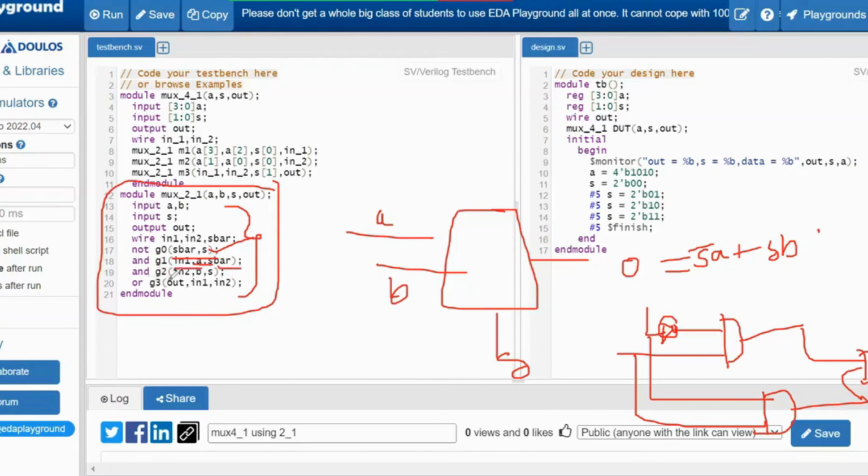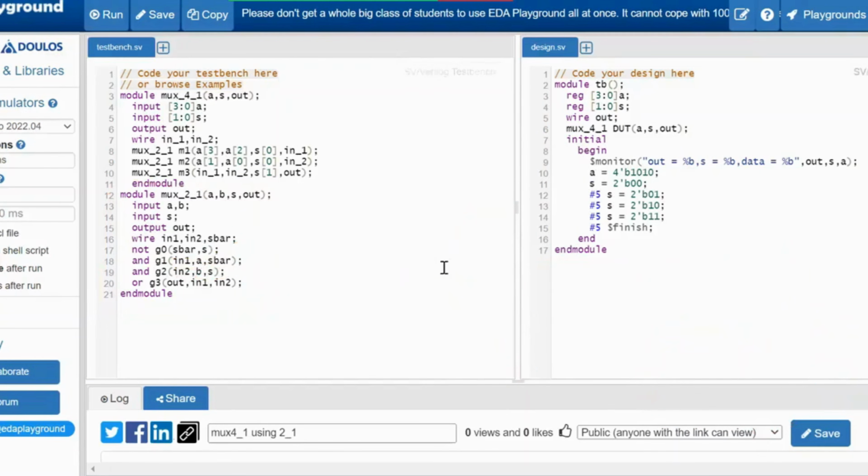Next for gate 2, B is the input, S is the input, and in 2 is the output. In 1 and in 2 are both connected to one OR gate, and they are declared as wires because of interconnection between two gates. Okay, so like that we can write the multiplexer using gate level.